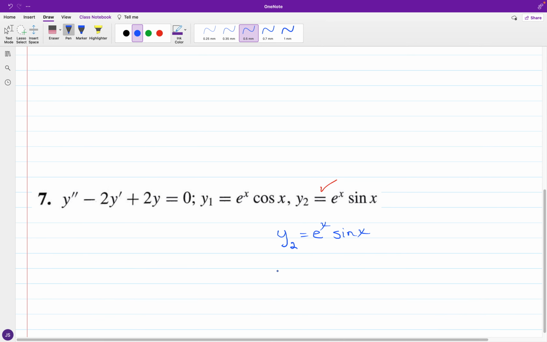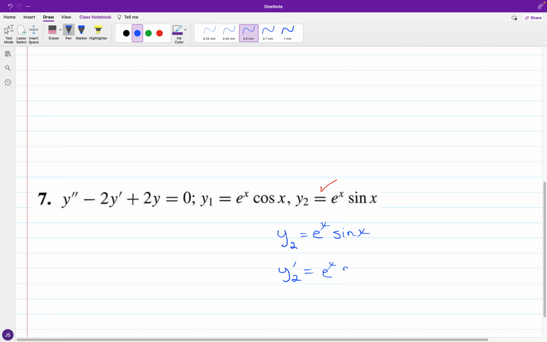And for the first and second order derivatives, if I go to y sub 2 prime, I'm taking the derivative with respect to x of e to the x sine of x. So I'll be taking the product property of derivatives.